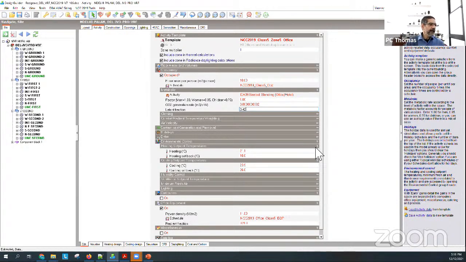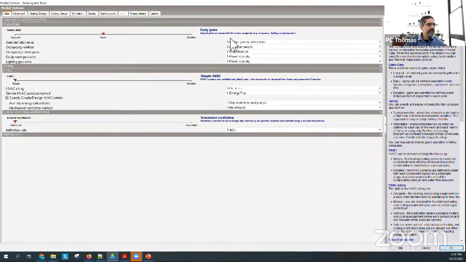Now you'll find that your DesignBuilder may not look like this. And the way to make it look like that is you go to this thing called model options. And in the model options, you can change these things here. So I've said here I want to have area per person. You might say, no, I don't need area per person, I've got number of people in each space, I'm happy to put that.